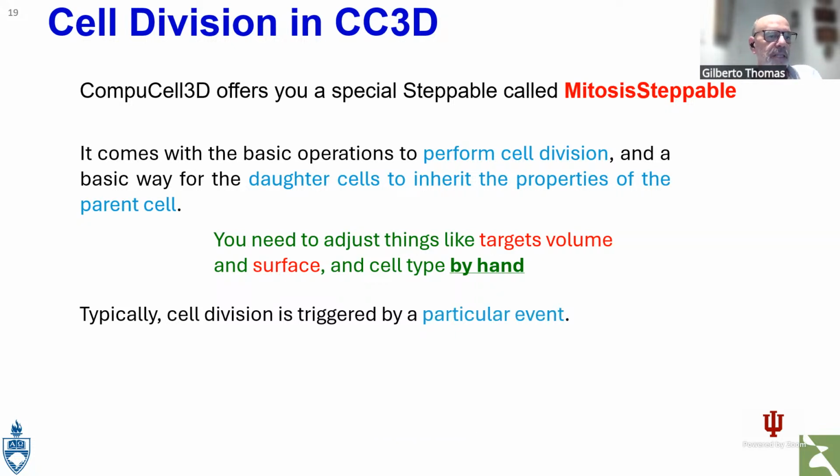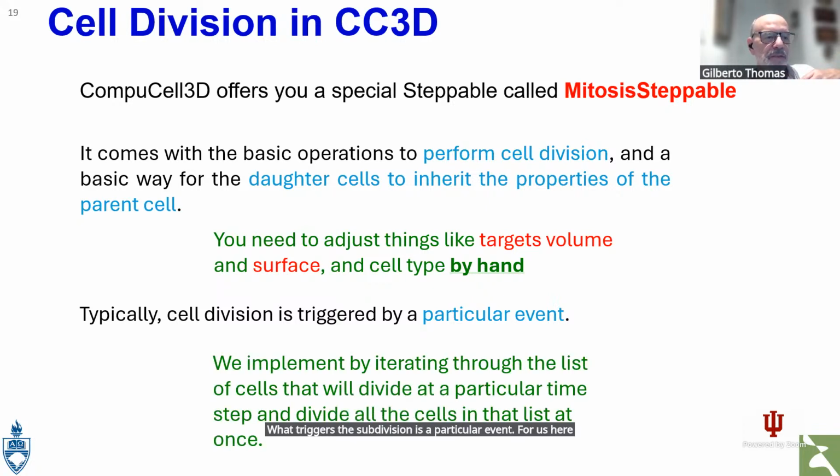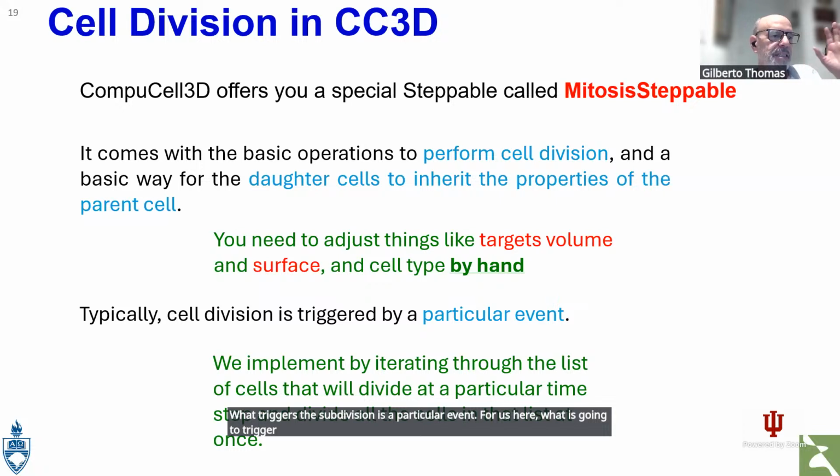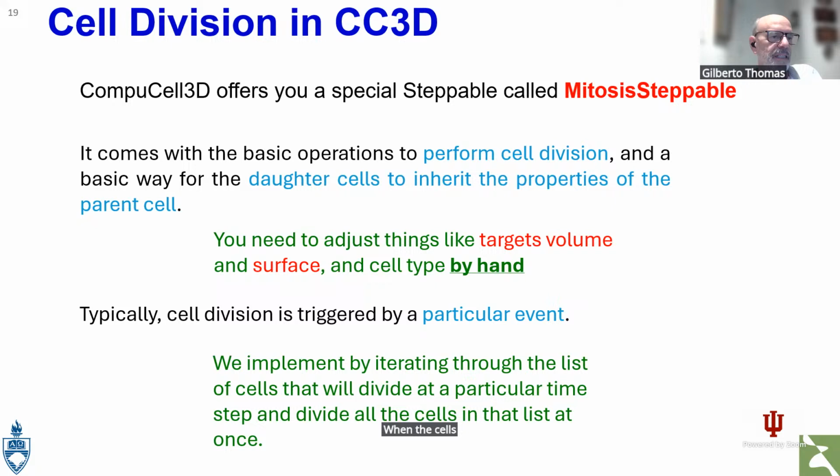As I said before, the question of what triggers the cell division is a particular event. And for us here, what is going to trigger our division is when the cells reach double of their initial size.